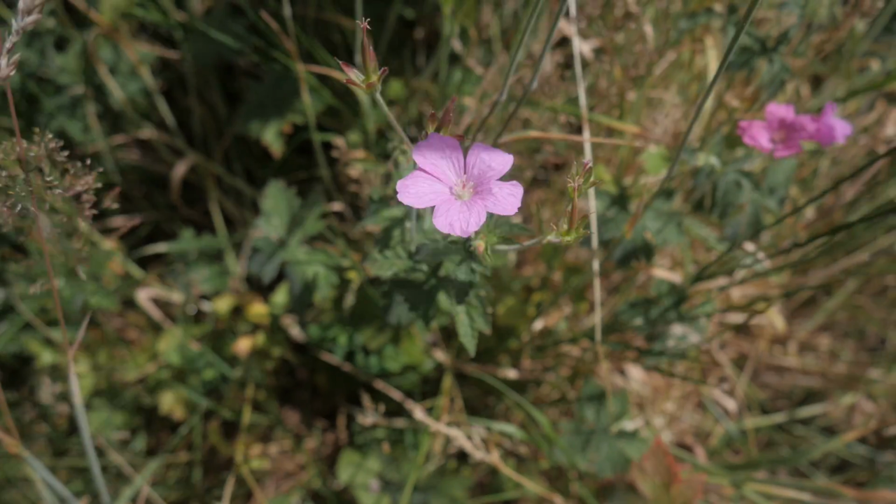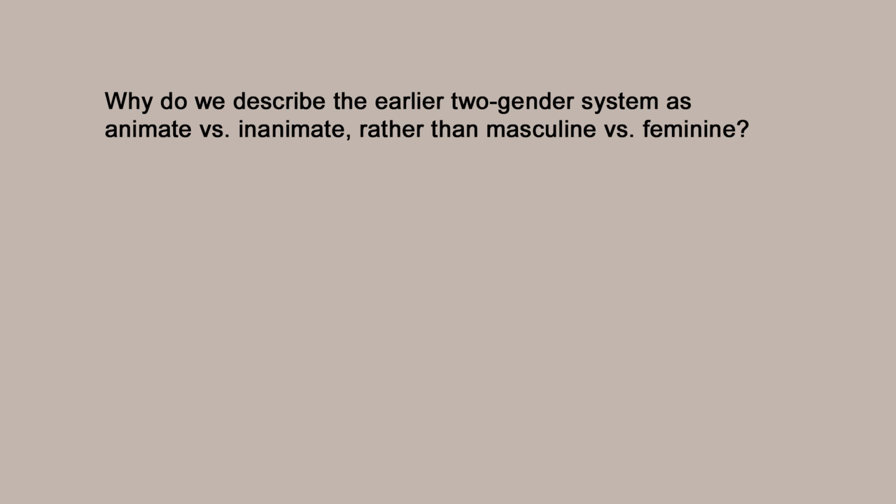To talk about that, I need to come back to why the earlier two-gender system was animate versus inanimate rather than masculine versus feminine. Across a lot of languages worldwide, the animacy of a noun's referent is important, grammatically. So to put that in a less horrible academic way, in a lot of languages worldwide, not including English as far as I can think, how alive something is affects how you treat the noun grammatically.